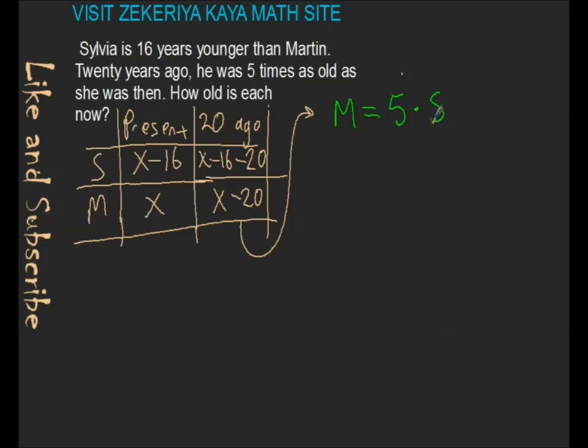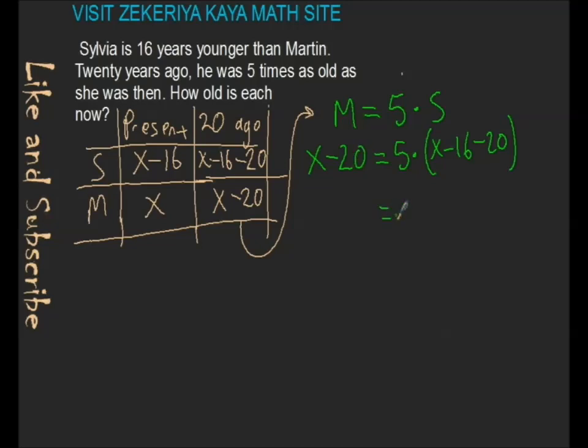In this equation, we will put these algebraic expressions. Instead of Sylvia, we must write x minus 16 minus 20. 5 times, instead of Sylvia, x minus 16, and minus 20. And instead of Martin, we will write x minus 20.